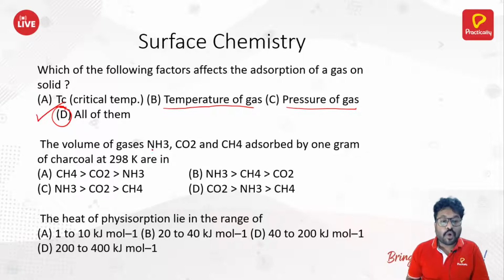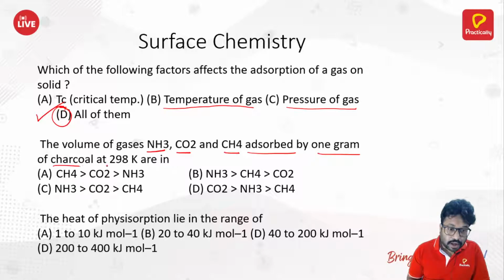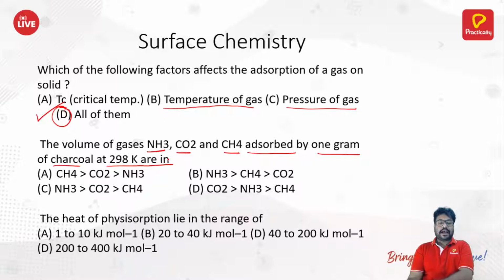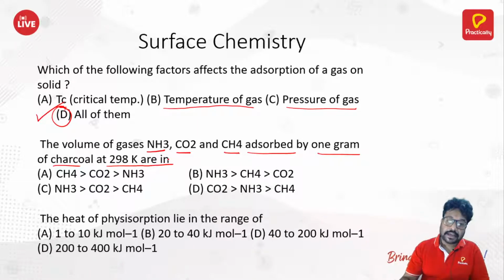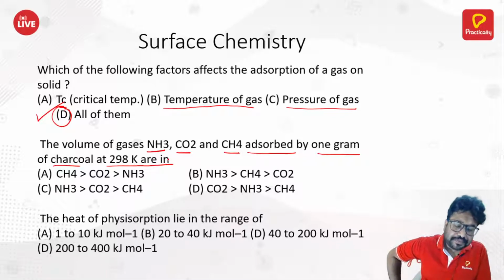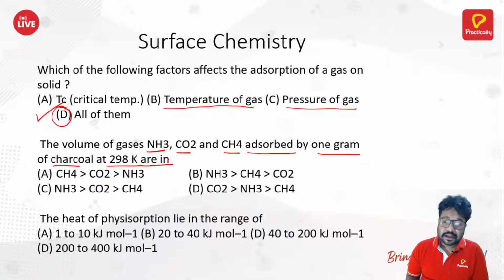Next, the volume of gases NH3, CO2, CH4 adsorbed by 1 gram of charcoal at 298 Kelvin are in. See, they are basically asking the decreasing order of the volume of gas which gets adsorbed by a given amount of charcoal. Now, remember one point which I'm going to tell you.